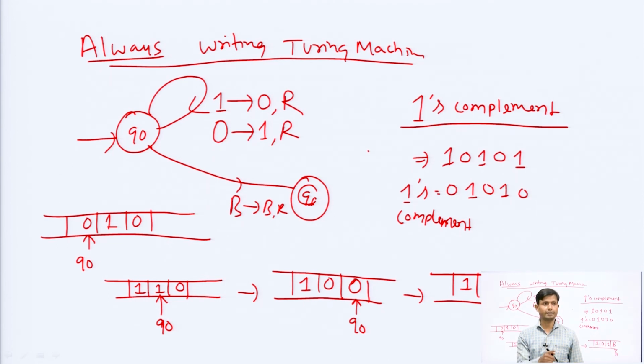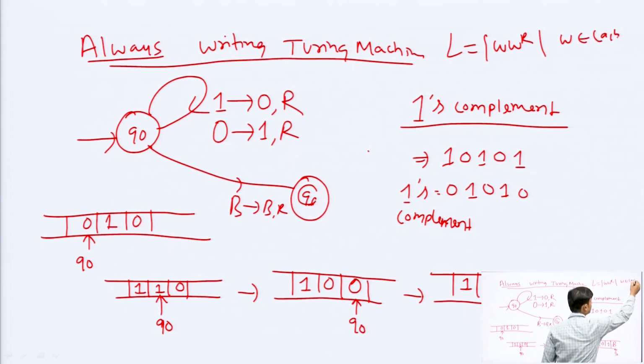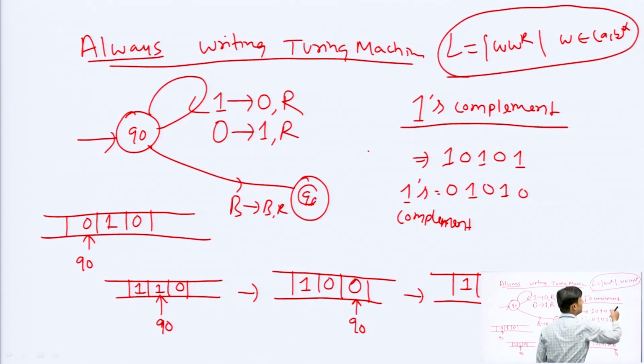we cannot always have a deterministic pushdown automaton, like the palindrome of any string, such as W W^R. Suppose this language L = {W W^R}, where W belongs to (a, b)*. This cannot be designed by a deterministic pushdown automaton.